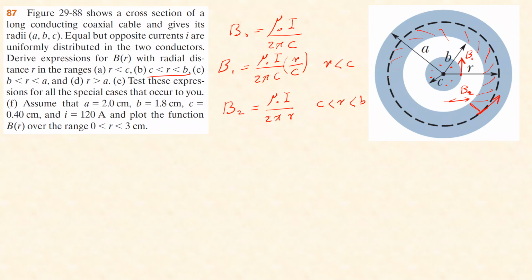Because the outer side, these parts don't create any magnetic field because of Ampere's law. All right. So for this part, what is the total current? We can apply Ampere's law for this Amperian loop that is shown in the figure.